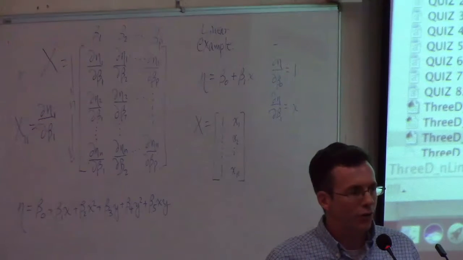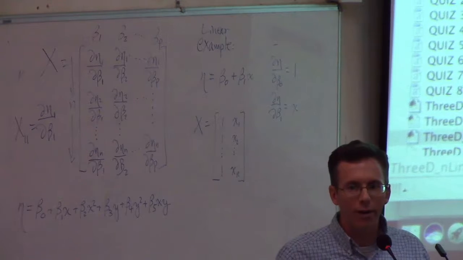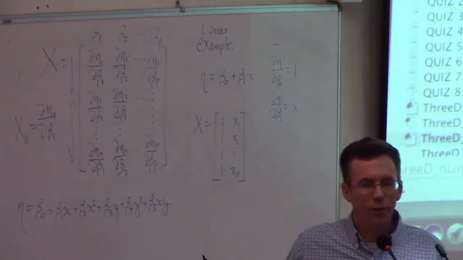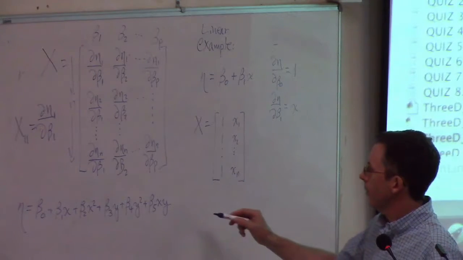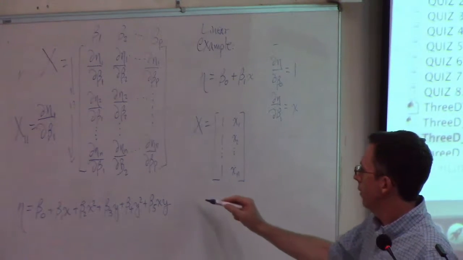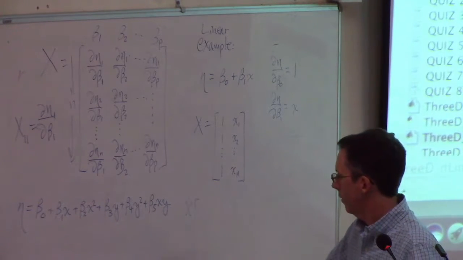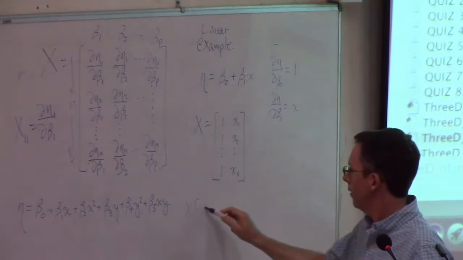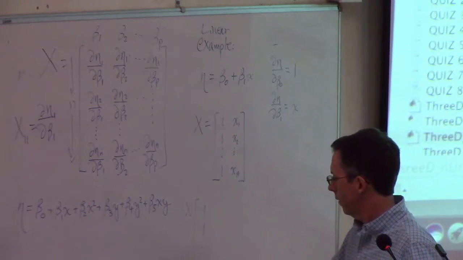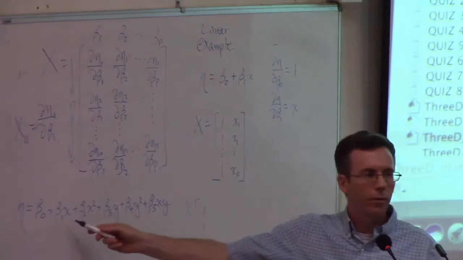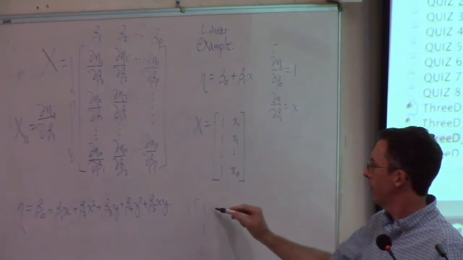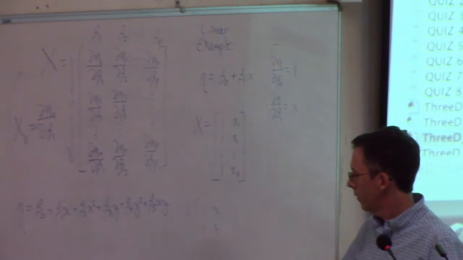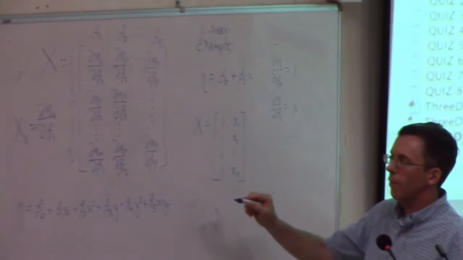So what if I have a surface of x and y? If you take, let's do the sensitivity matrix. Okay, beta 0, same thing, right? For this, beta 1. Beta 2.